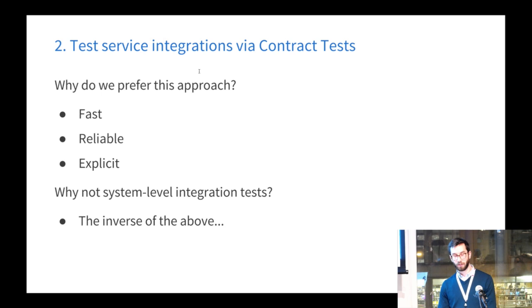And then they're explicit. They usefully document the contract that you expect to have with the producer service as a consumer. And so if a test breaks, then you have a pretty strong indicator of why it broke and how you're going to fix it.